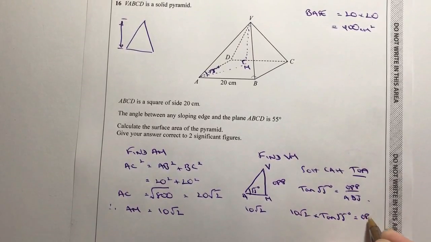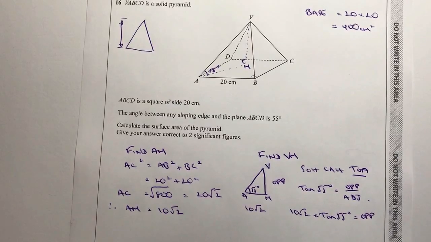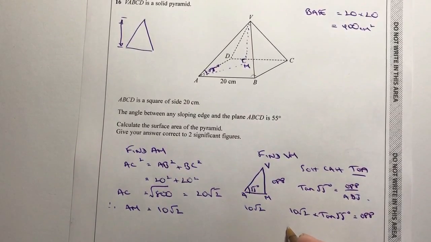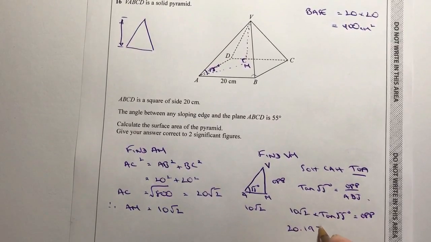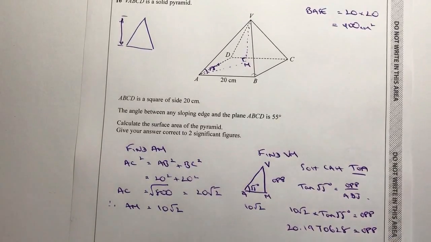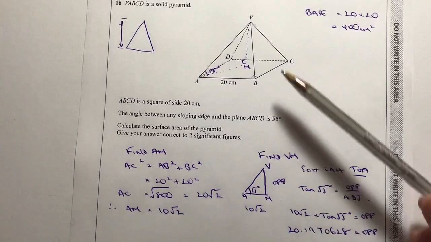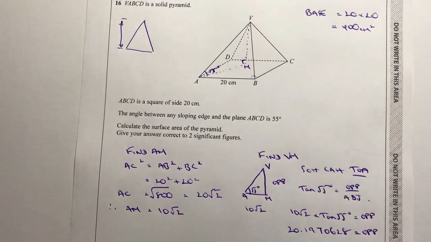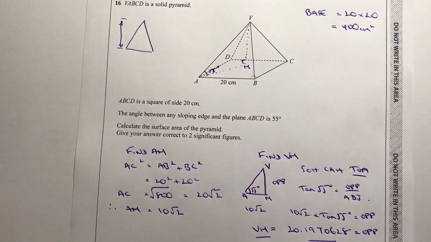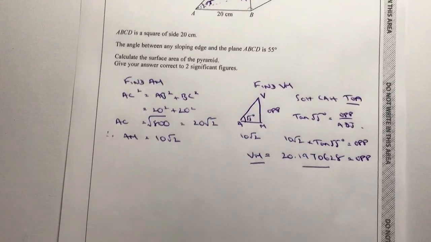If I put that into my calculator, I'm going to get quite a long number, 20.1970628, and that equals the opposite. So this is the value of VM, and that's important because then I can use this to create yet another triangle.